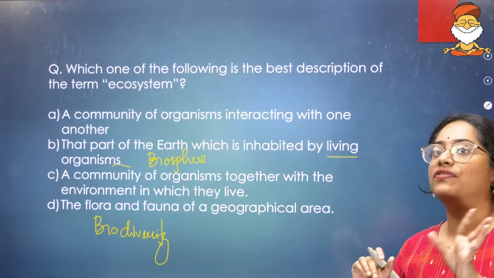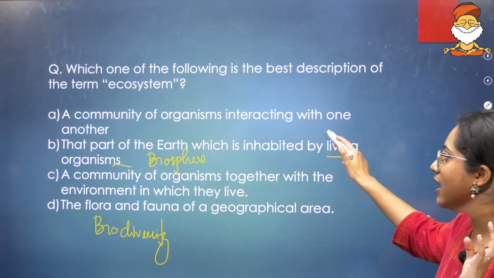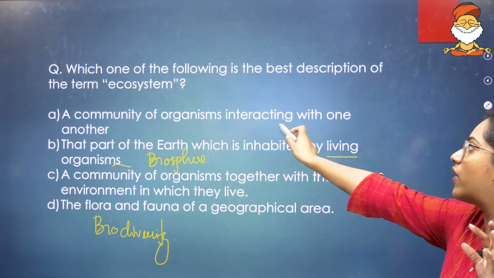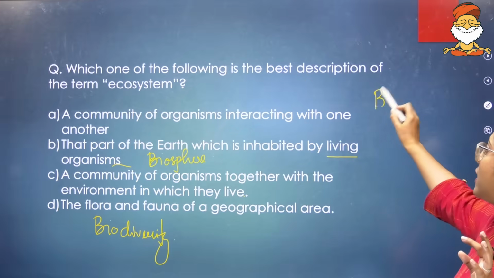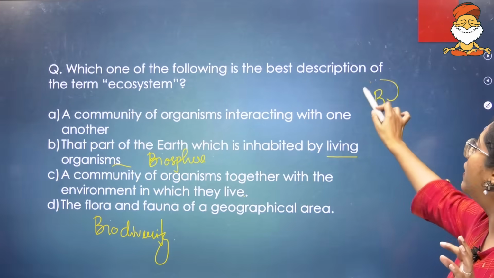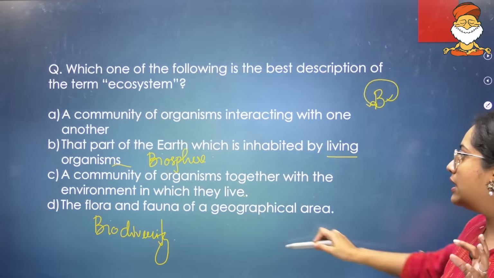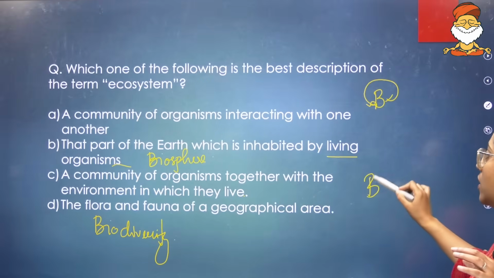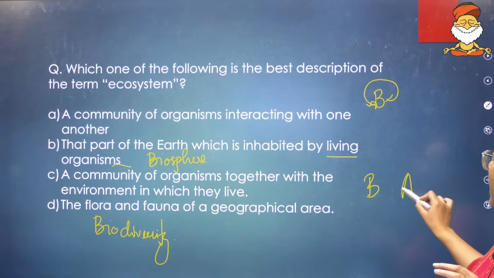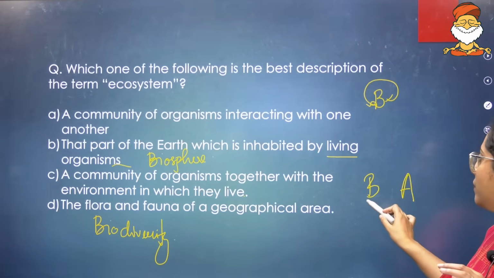The better definition over here: in the first place, it's a community of organisms, just biotic things interacting with one another. Here it is a community of organisms together with the environment in which they live.